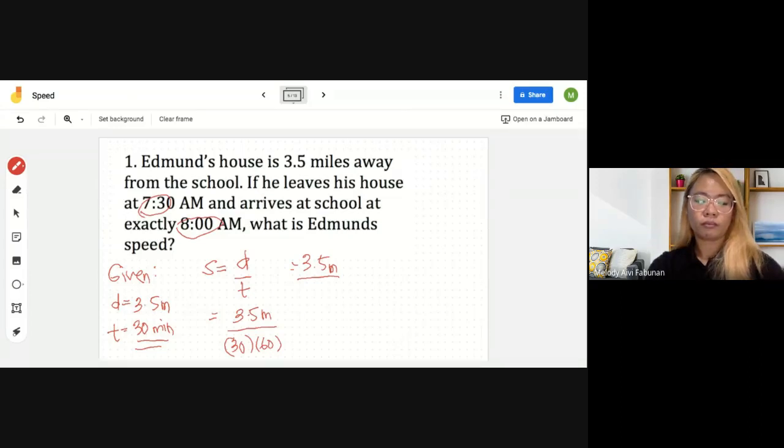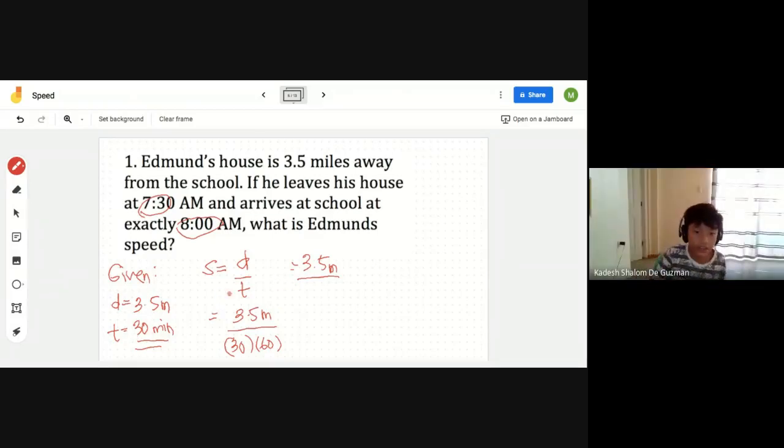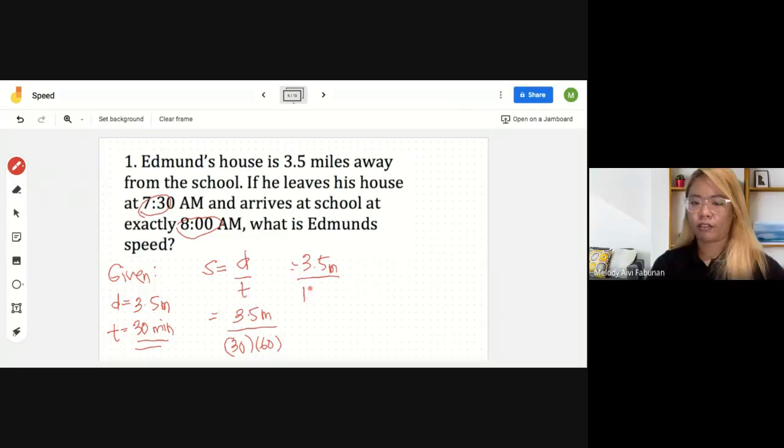Ano ang value ng seconds natin? 1,800 seconds. Okay, thank you very much. So 1,800 seconds. So now to come up with the speed, we divide 3.5 meters divided by 1,800 seconds.